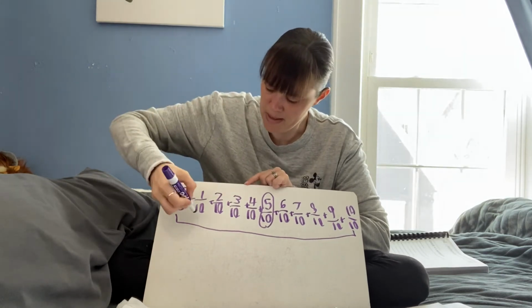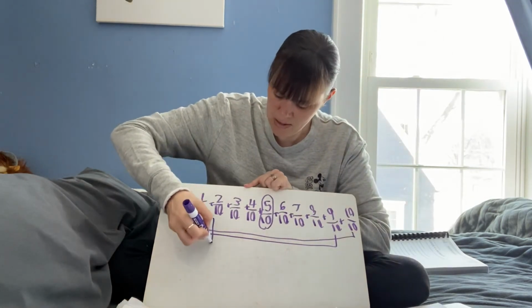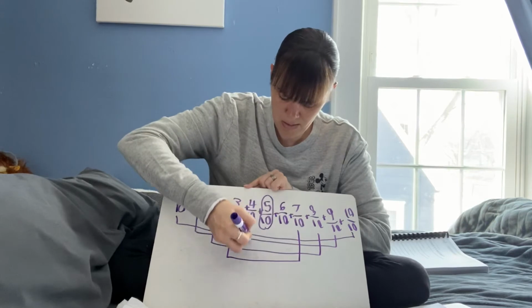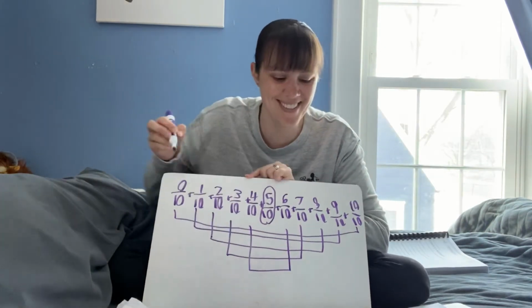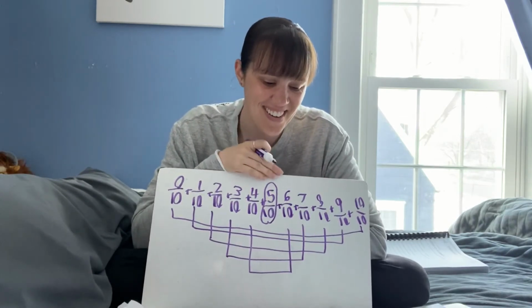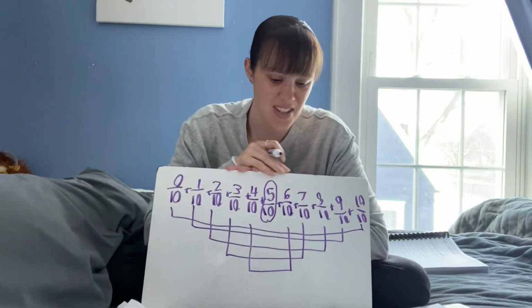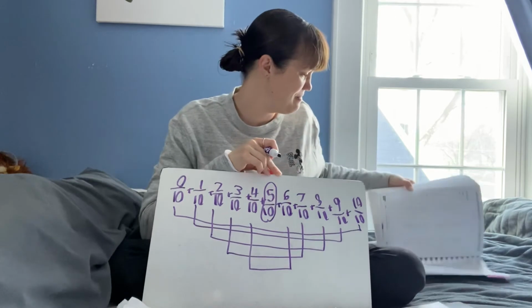Hold on. Let's see. 1 tenth and 9 tenths, 2 tenths. Yeah. 1, 2, 3, 4, 5. I added wrong in my work because what I did was I added all the numerators and I have the wrong answer in my work.